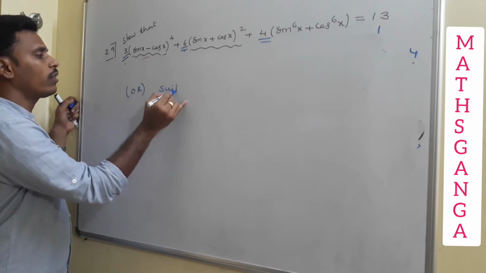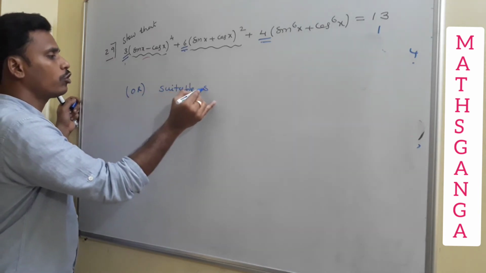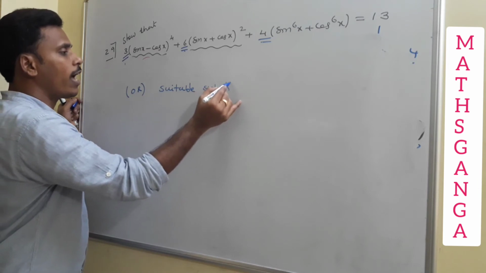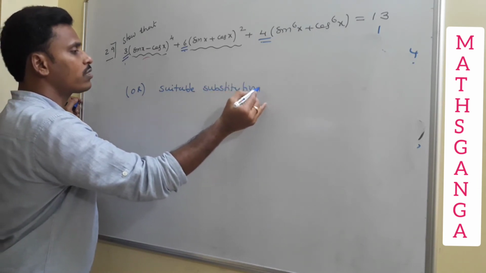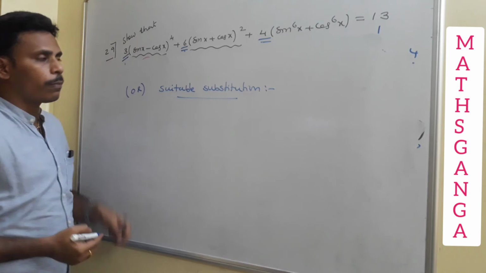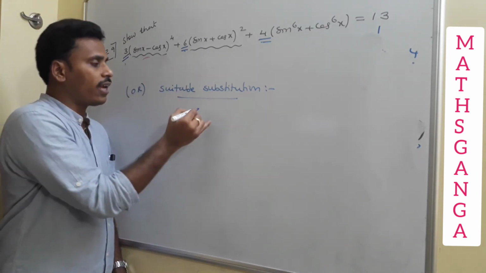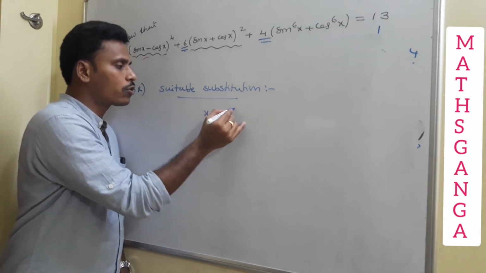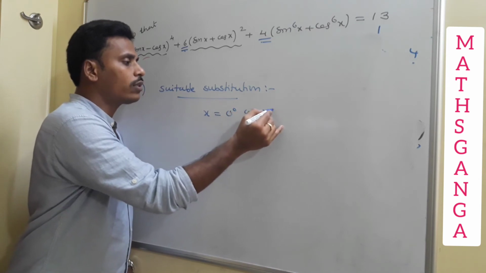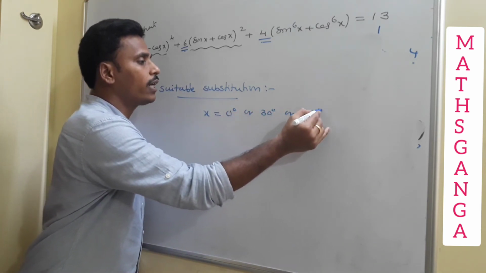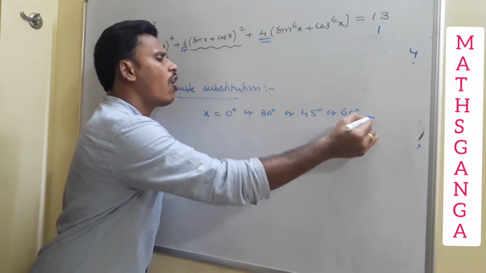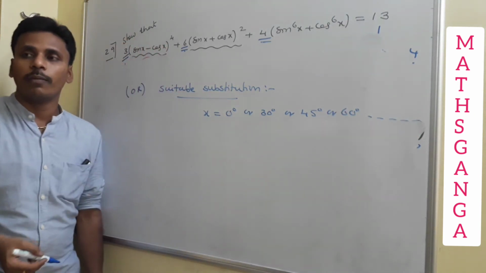Take any value in the place of x. Since x is an angle, you just take x equal to 0 degrees, or 30 degrees, or 45 degrees, or 60 degrees, or any angle in the place of x.